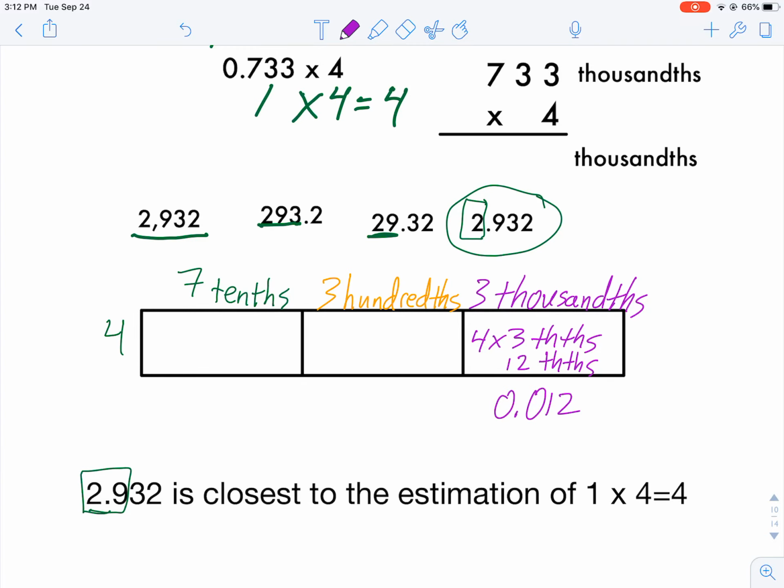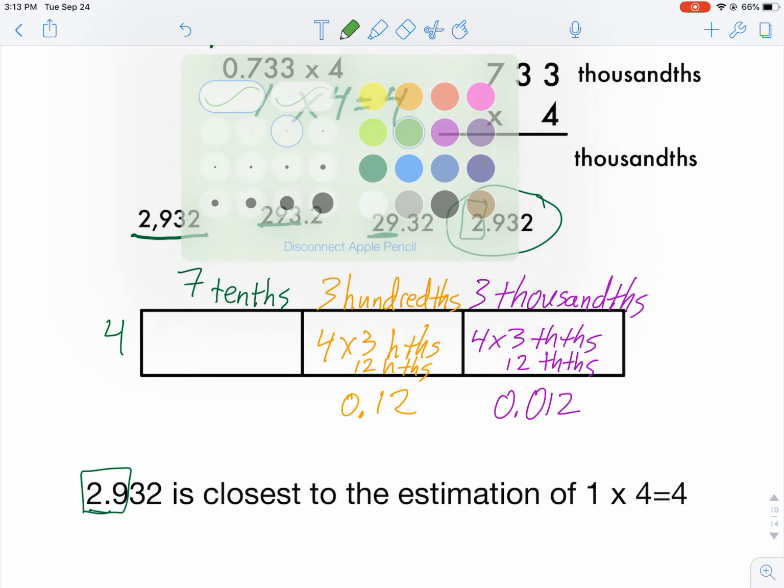Then over here, we would have 4 times 3 hundredths, which would be 12 hundredths, which would be 0.12.